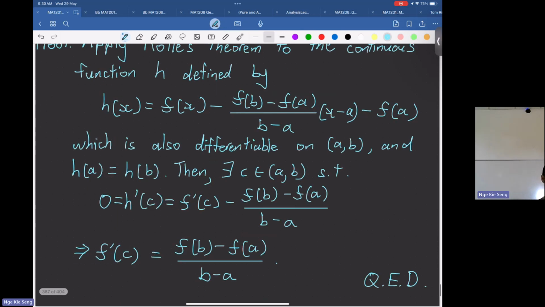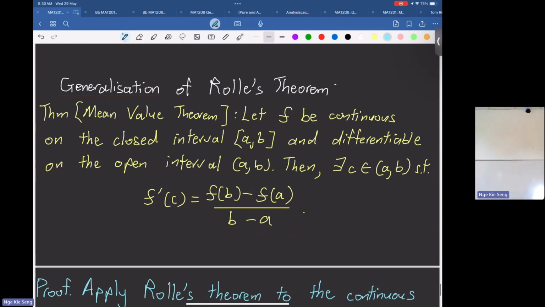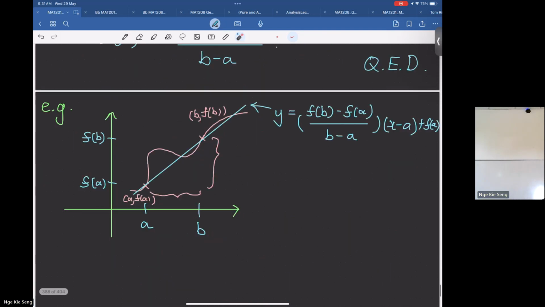But what this theorem says is there exists a c in the middle of a and b such that the gradient is also equal to the gradient of this line. So this means between a and b, if you look at the tangent line at every point, there is one tangent line that has the same gradient.